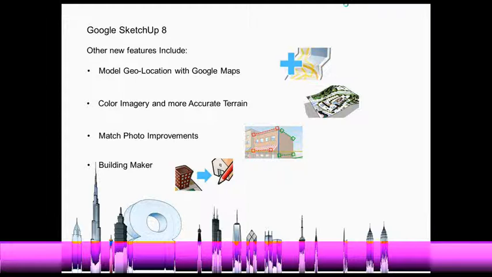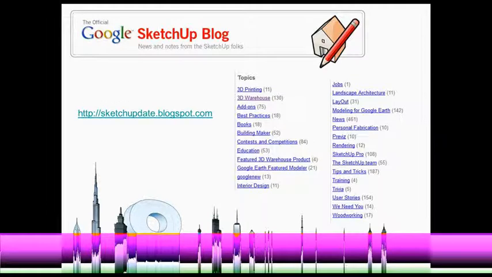There are several other tools with this newer release, but these are just a few of the brief highlights. SketchUp does have its own blog provided by Google, and these are just a few of the topics that they try to keep up with and add information on, so all users can get a little bit more out of Google as well. As you can see right there in the middle, they do have a warehouse.